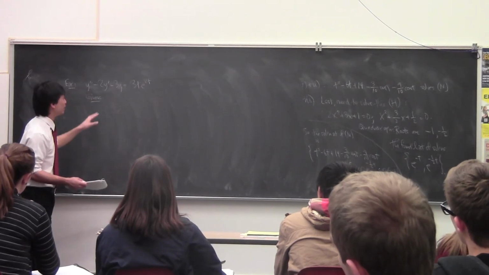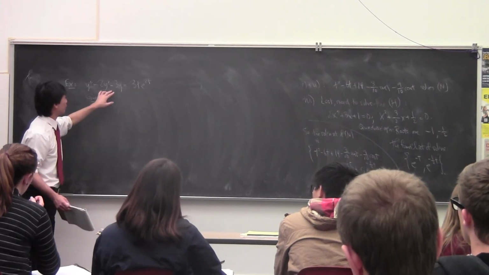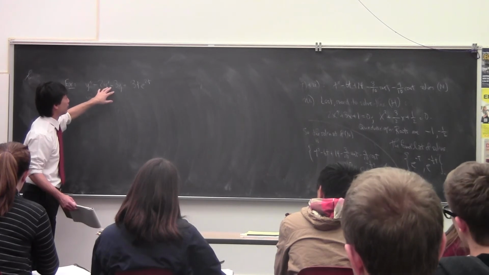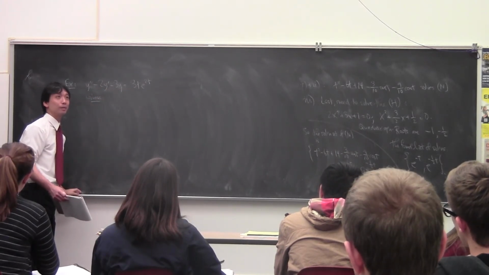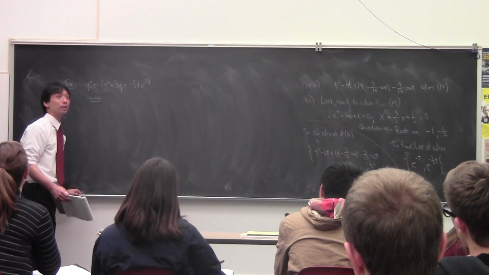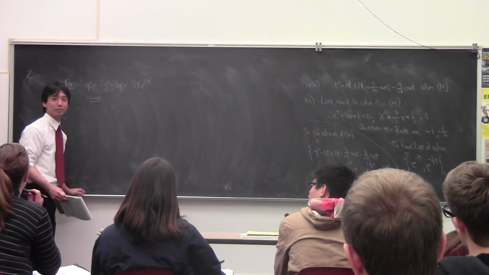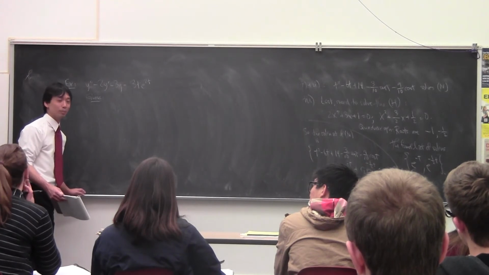Okay. But if you want to think about it, what kind of thing, when you differentiate it a couple times, will we end up with something like this? Do you want to make a guess?